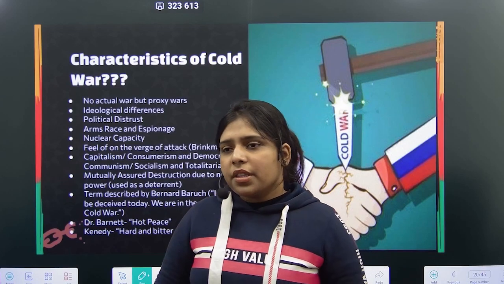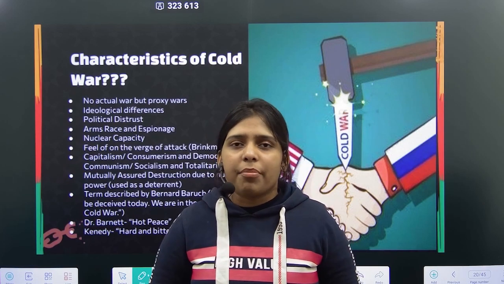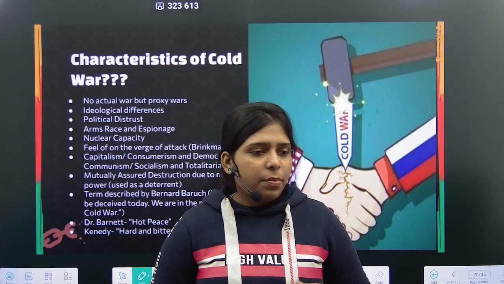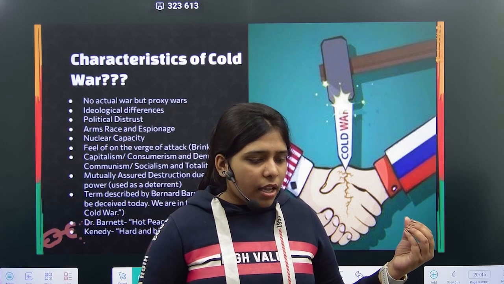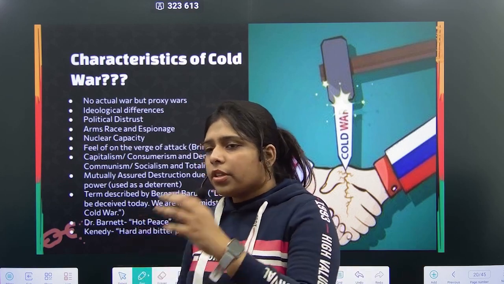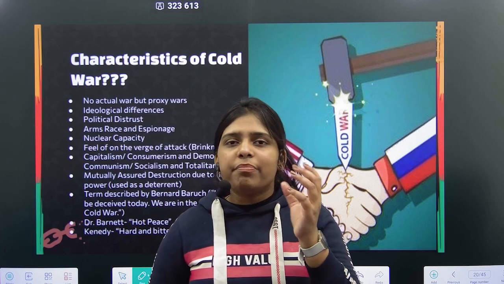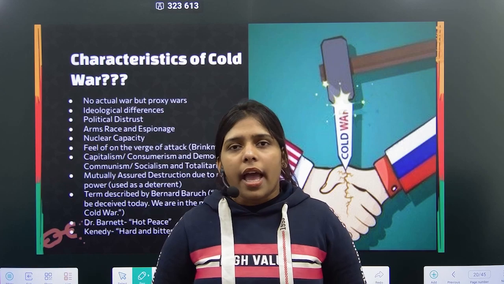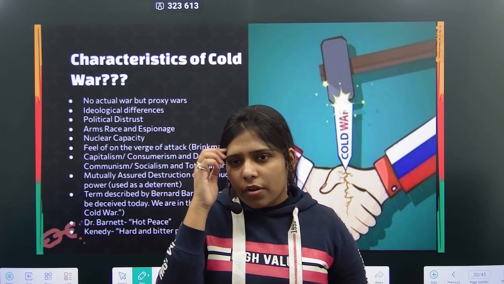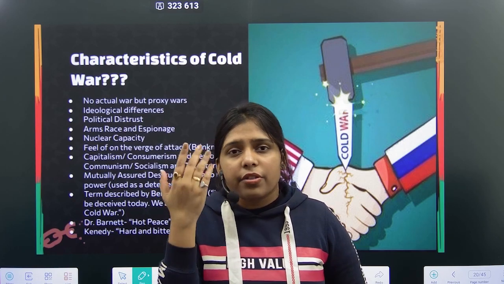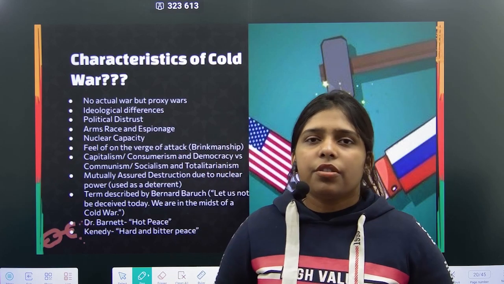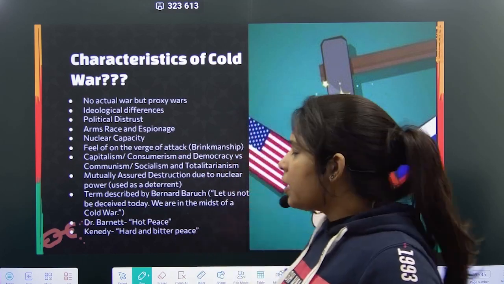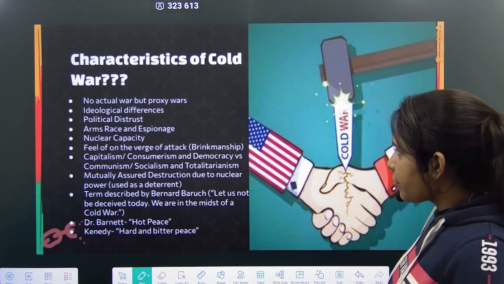See, Americans or the Western powers were apprehensive of Russia's decision to spread its communism, whereas USSR was apprehensive of the growing power in terms of military, in terms of science and tech. And they were apprehensive of what these Western regimes were trying to do, interfering in European politics. So all of these things were there. Okay.